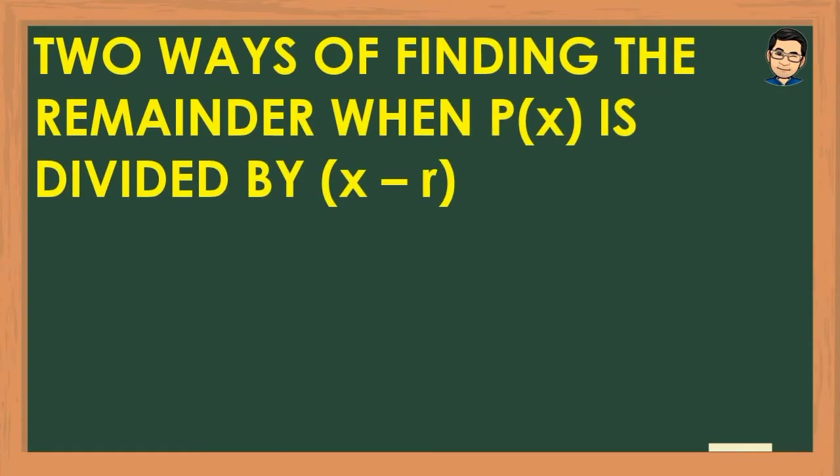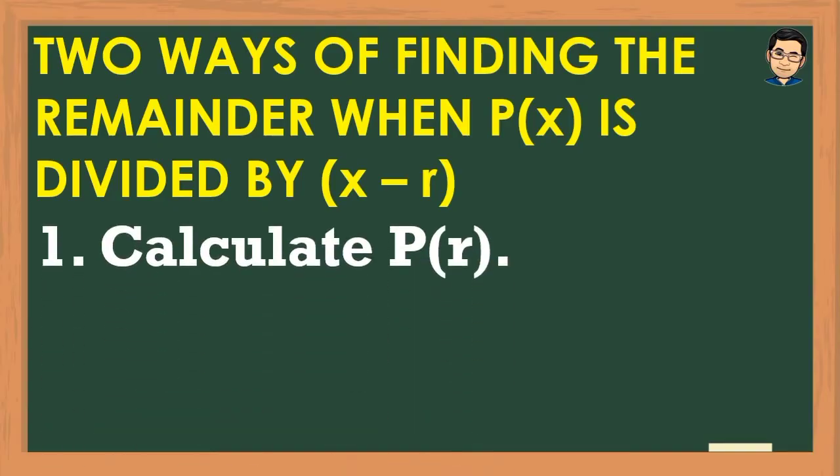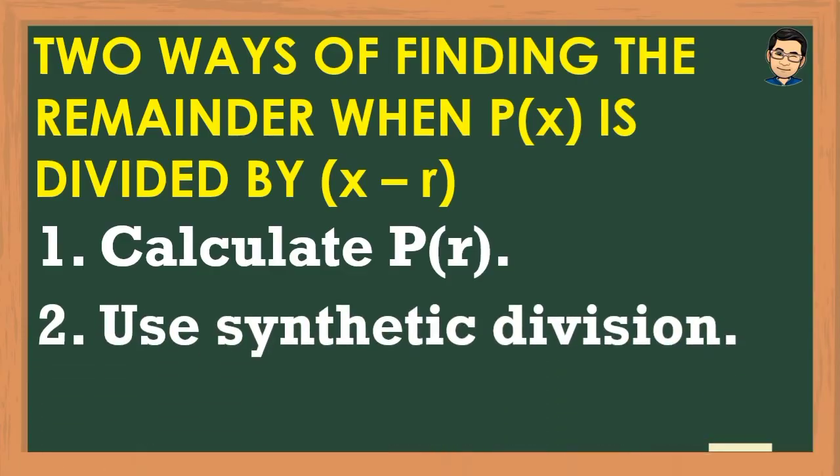So, there are two ways of finding the remainder when p of x is divided by x minus r. Okay? So, we have to calculate p of r. So, ang gagawin lang natin dito is isa-substitute natin yung r. Saan natin makukuha yung r? Dun po sa x minus r. And then, we also have synthetic division, of course.